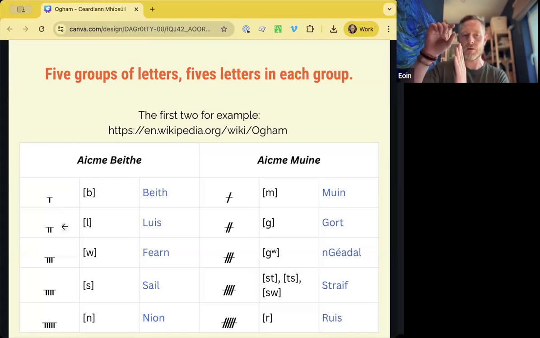So you can see the groupings in that way. A very natural way to write down Irish. It's not like our Latin characters. It's a completely different system, which is really interesting. But this alphabet was phonetically definitely built around the Irish of the day, like primitive Irish into Old Irish.